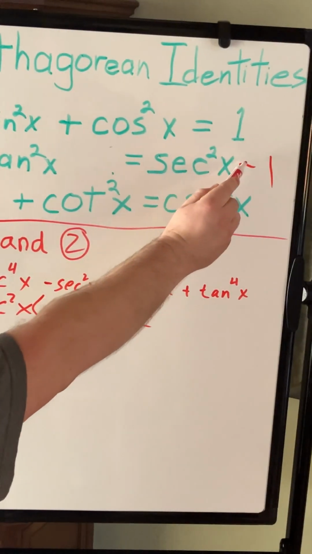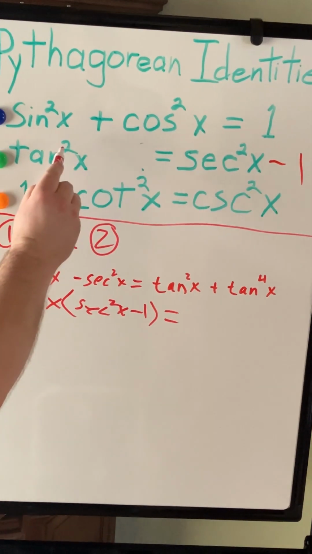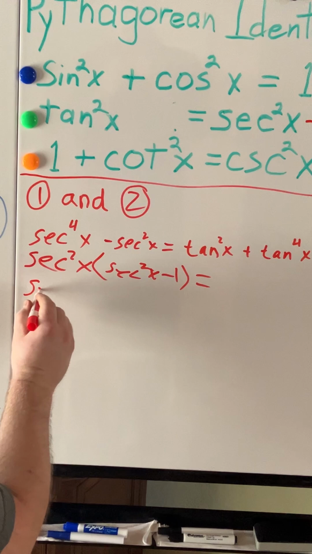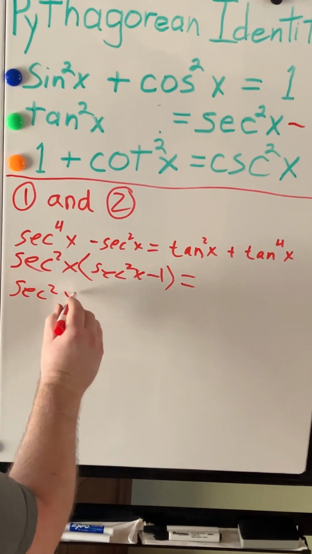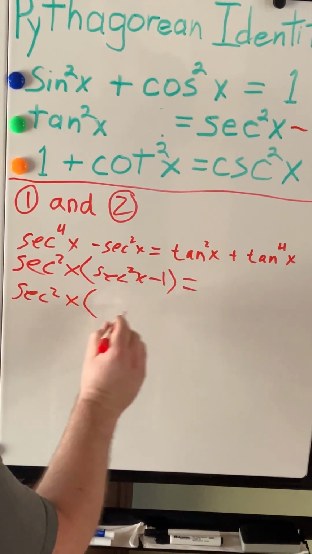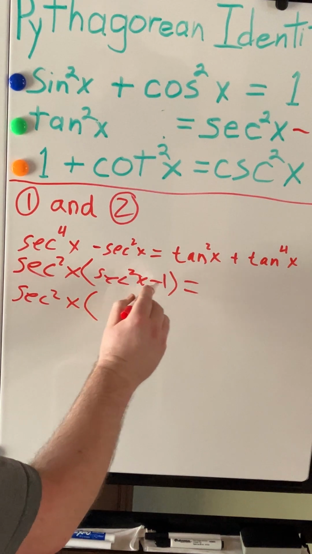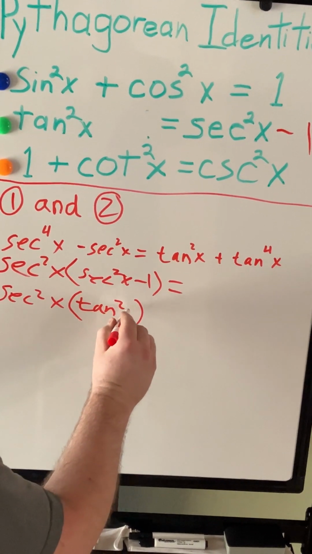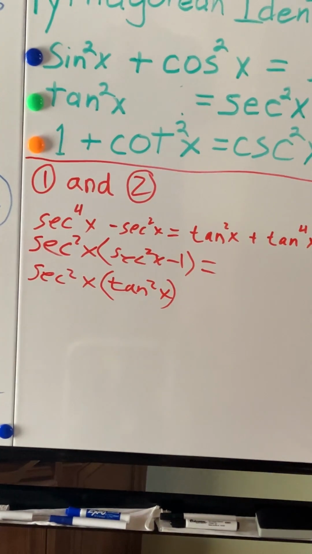So secant squared x minus 1 is equivalent to tan squared x. So I'm going to keep my secant squared x in front, but then in these parentheses, instead of secant squared x minus 1, I'm going to write tan squared x. All right, we're getting there.